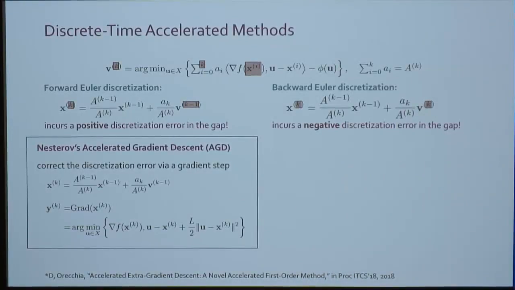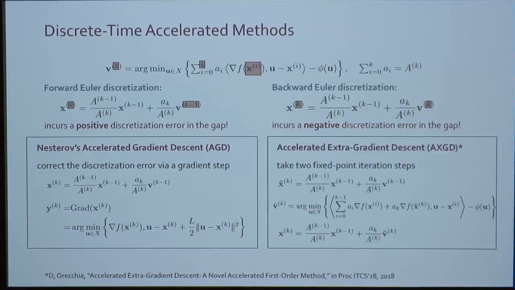Now, I have a recent result with Lorenzo Orecchia that gives a different algorithm that comes from backward Euler discretization. The main idea is that incurring this negative discretization error gives you enough slack, so you don't need to solve your step exactly. You can do it only approximately.